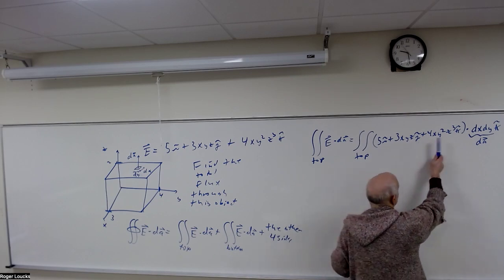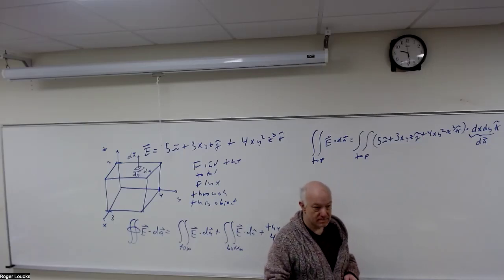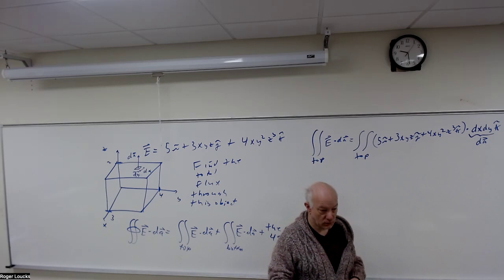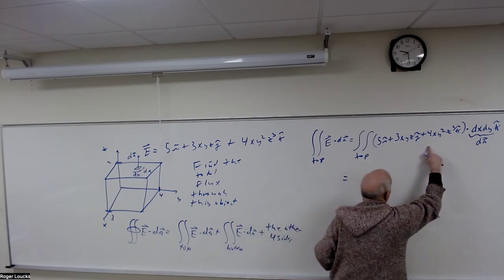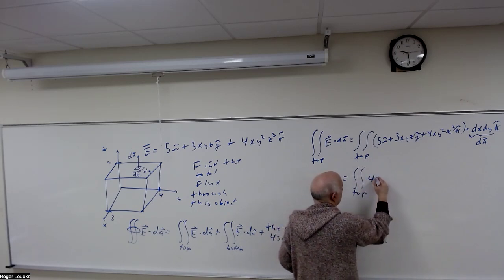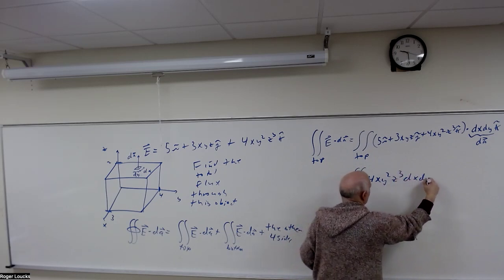Now, what about j dot k? Also 0, because they are perpendicular. k dot k is going to be 1. So this whole thing just reduces to this part here. We get this integral on the top, 4xyz cubed dx dy.